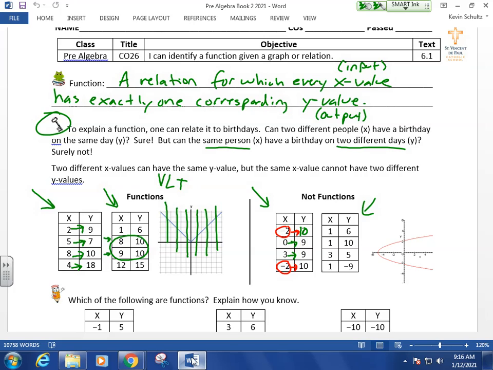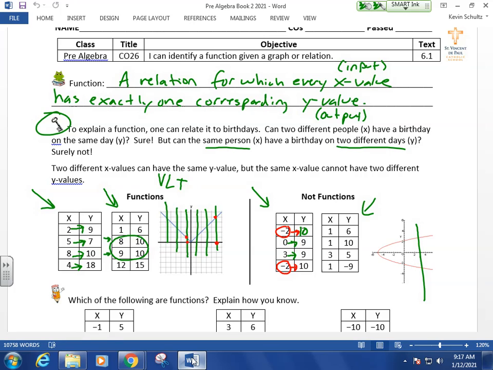Okay? When x is, what is this, 7 or 6? When x is 6, y is only 6. Okay? When x is -1, y is only +1, right? It only touches the graph one time. Whereas in the second one, where it's not a function, if I put a vertical line here, well, it touches the graph in 2 different spots.